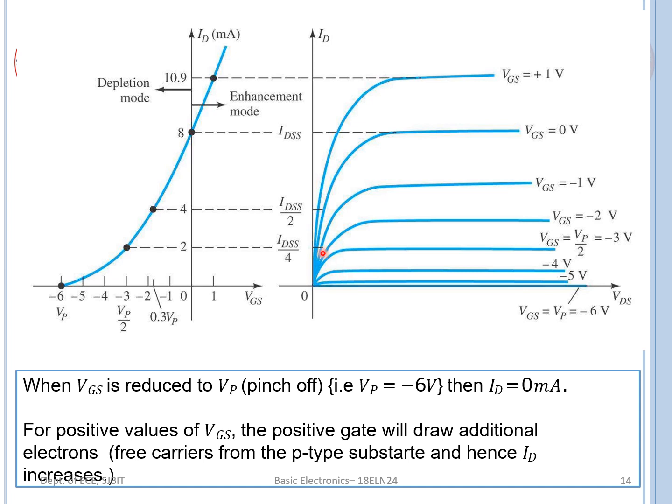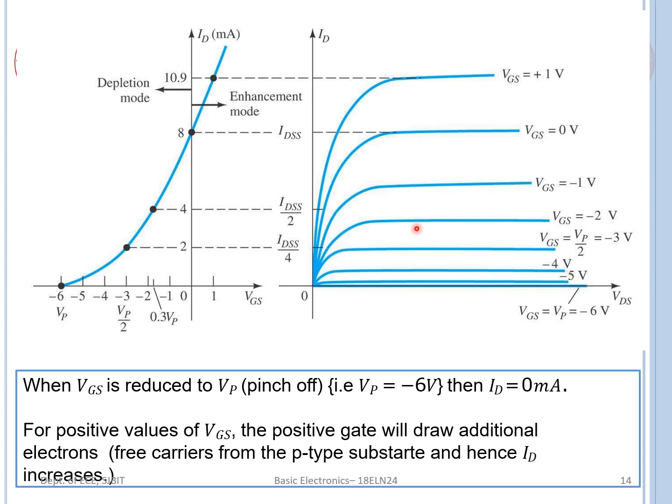Such a structure is shown. What is happening here is, the region below the gate is doped with n-type material. Therefore, there is a continuous n-type channel from source to drain through which current can flow.